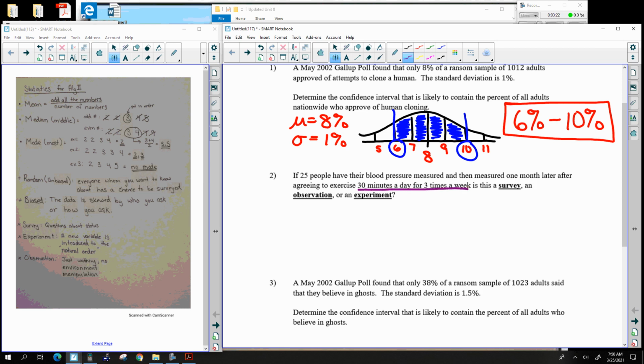This doesn't happen until the experimenter made that happen. So that person is now doing an experiment. You manipulated the environment to make that happen.